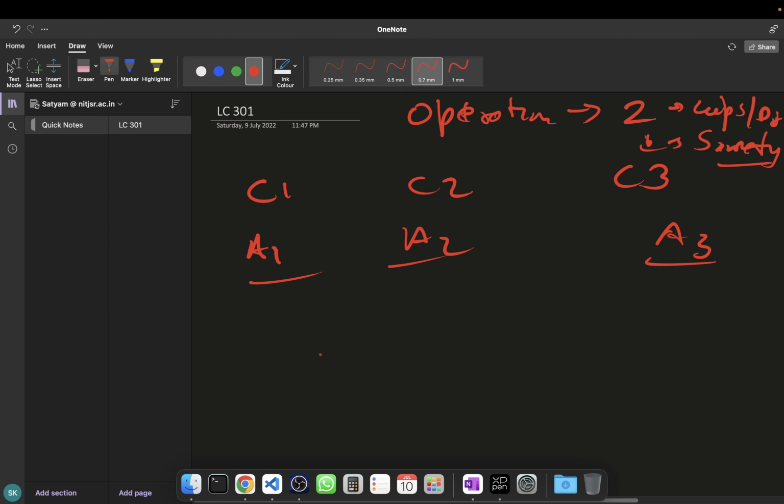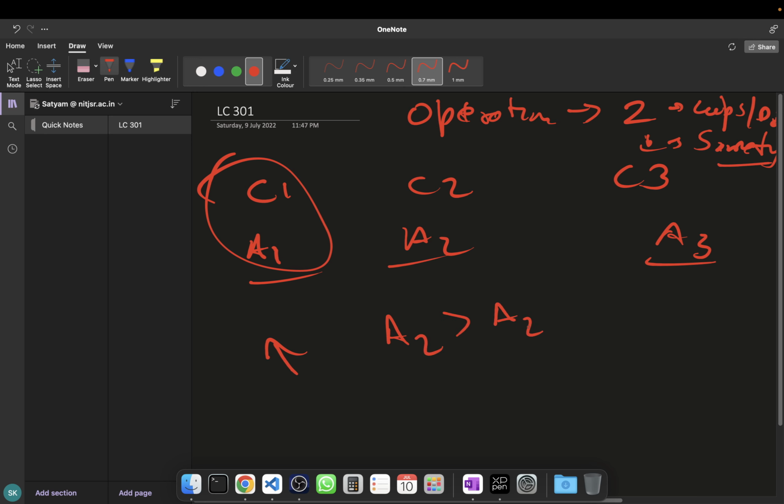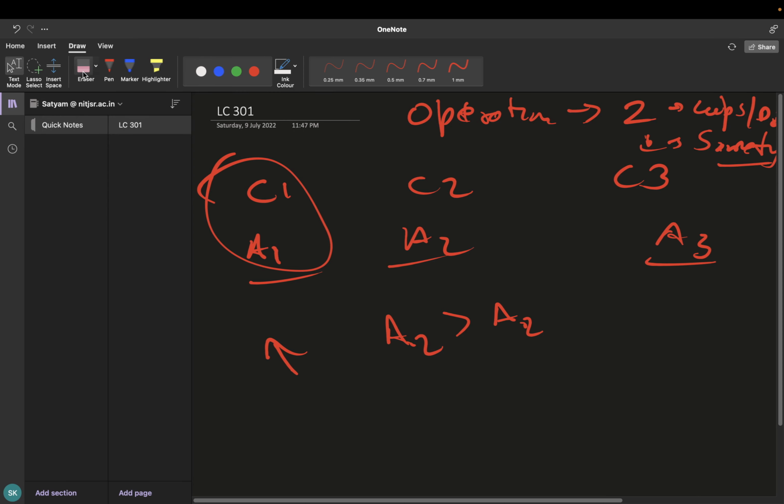it always benefits us to fill the cup with the highest amount. Let's say A1 is greater than A2, greater than A3.